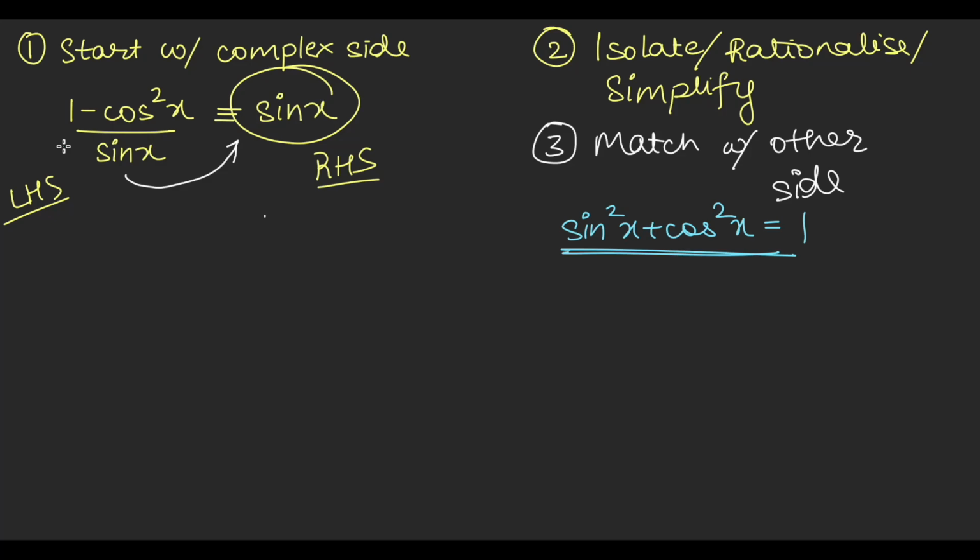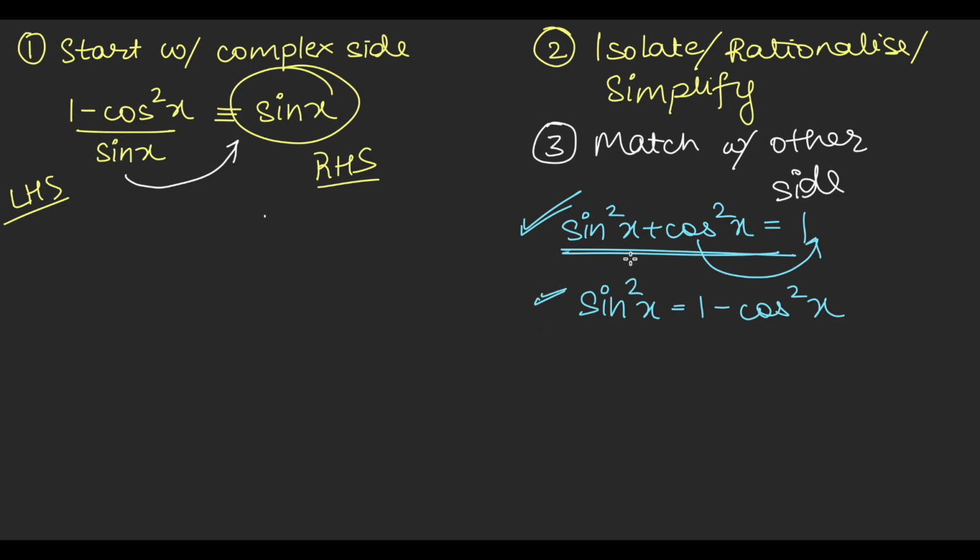The only way I can do that is through this identity, which says that sin² x plus cos² x is equal to 1. If I have to get 1 minus cos² x in this equation, I just transpose cos² x to this side to get that sin² x is equal to 1 minus cos² x. Now here we used this equation, we simplified this into this form.